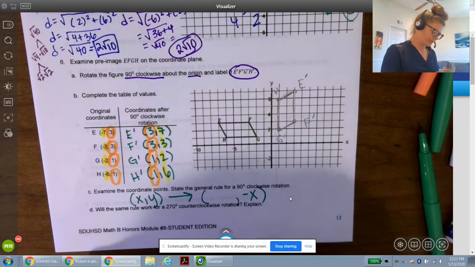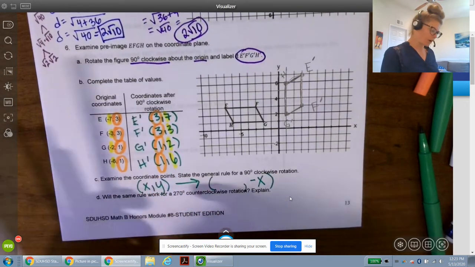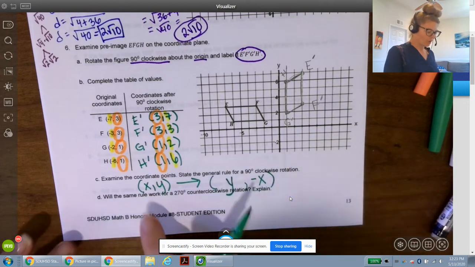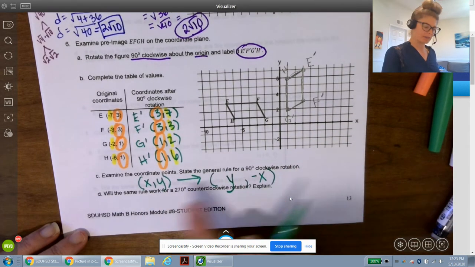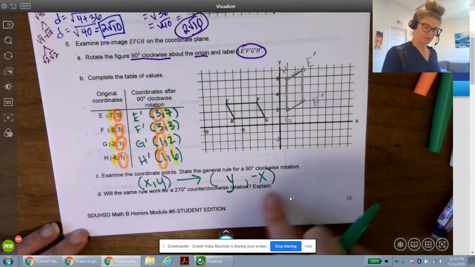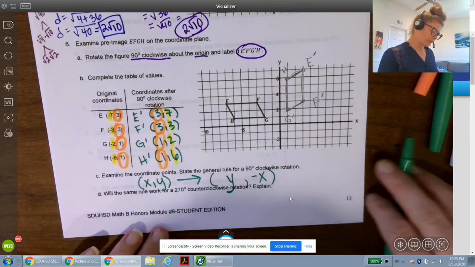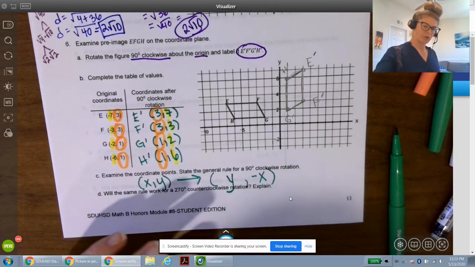So the original y value is now our new x value. Remember, in the beginning, we defined these values as x and y, so we're going to keep those original values. Will the same rule for a 270-degree counterclockwise rotation work?